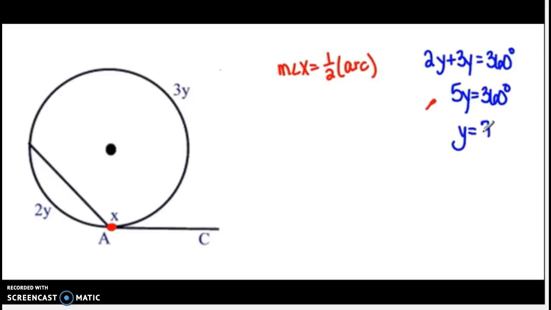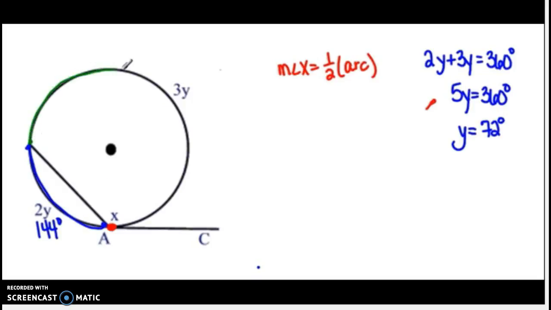And you should be solving these as we go along also to get some practice, and to check my work and make sure that the computations that I'm doing are correct. So 2 times 72 would give you 144 degrees for this arc over here. I'm going to make it blue.